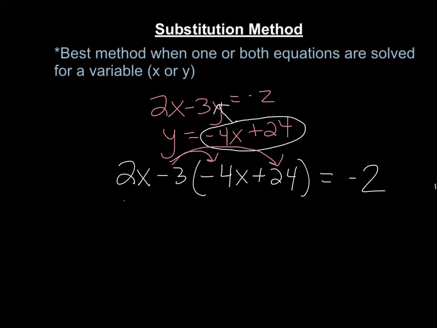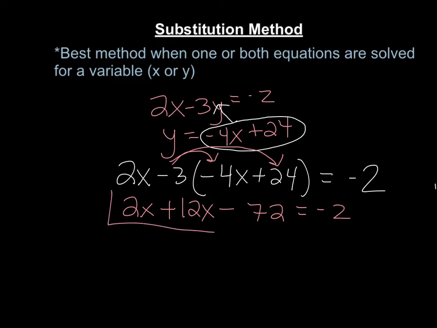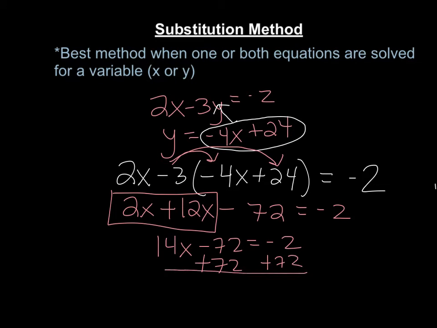So we'll have 2x plus 12x minus 72 equals negative 2. And we're going to combine these like terms, so that we have 14x minus 72 equals negative 2. I'll add 72. So that 14x equals 70.